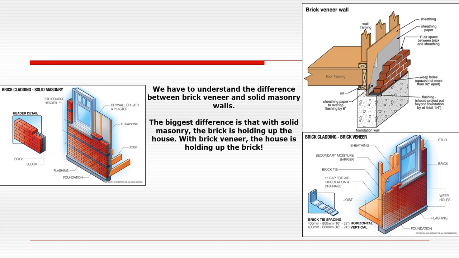But again, you move over to the solid masonry picture on the left, and you can see how a lot of those bricks are overlapped. They're different orientations. The face of the brick changes to add just a different surface area, much stronger joint or joining.